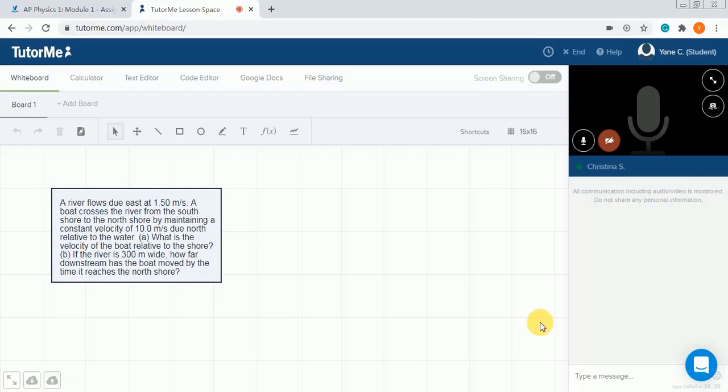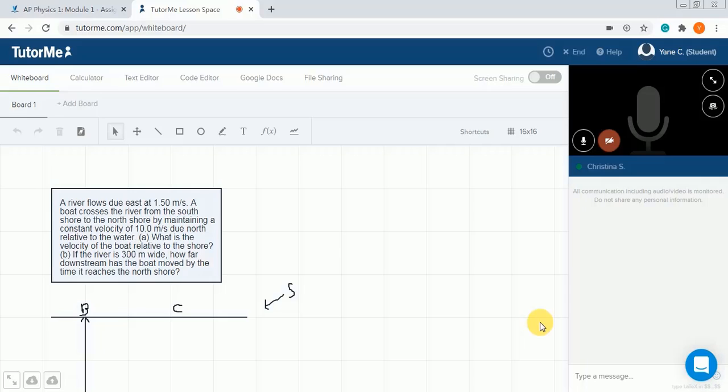Okay, so the first thing to do is to set up a diagram with the velocities. So I'm setting up my diagram with this being the south shore and this being the north shore. We're going to label this point A, point B, and we're going to label point C over here.